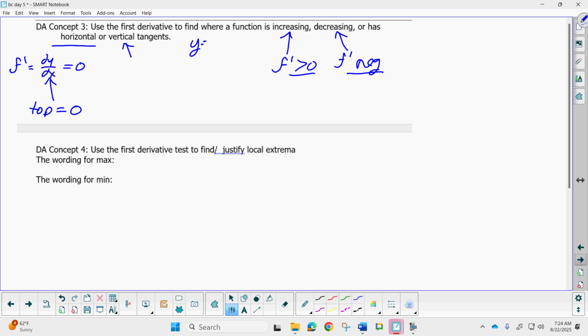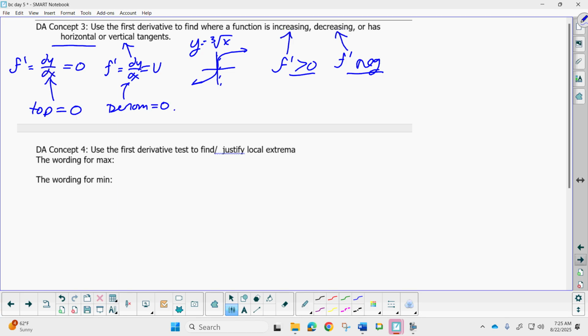For example, the cube root function, which that's a classic example, looks like that. It has a vertical tangent at x equals 0. At any rate, whether the derivative or dy dx is undefined, which is to say the denominator is 0.